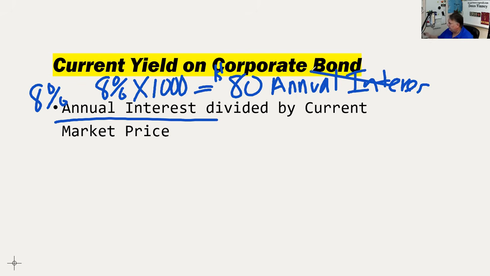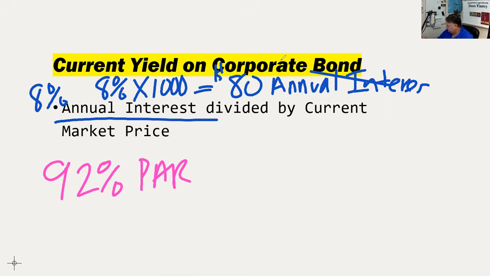And then remember the bond's price is expressed as a percentage of par. So maybe I say it's trading at 92. You need to know that's 92% of par, which is 1,000, and that bond is trading at $920.